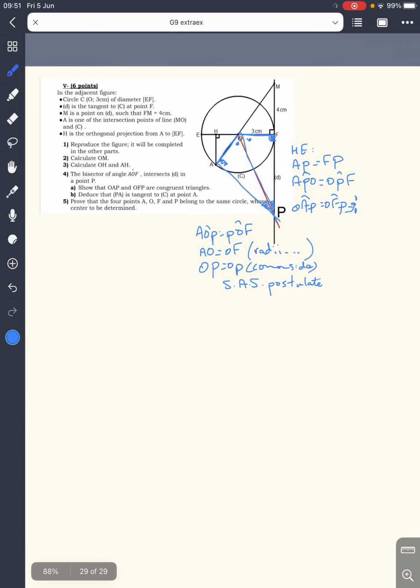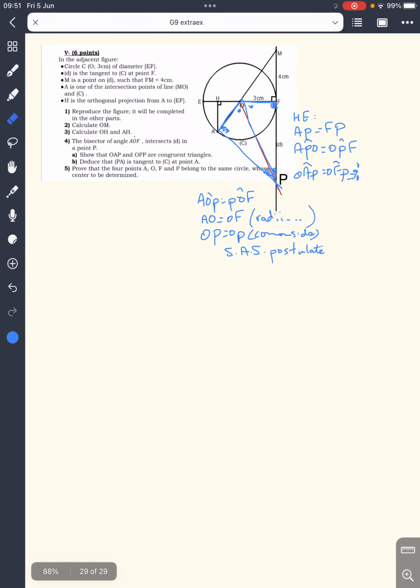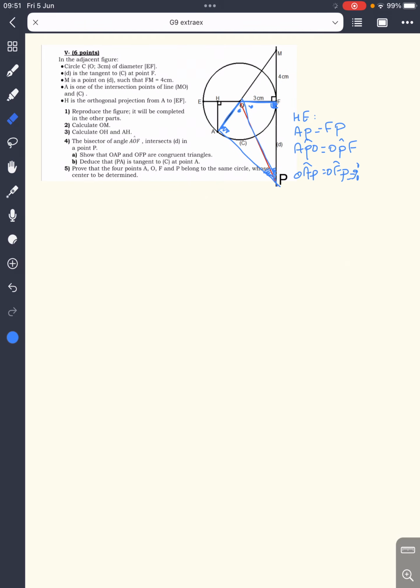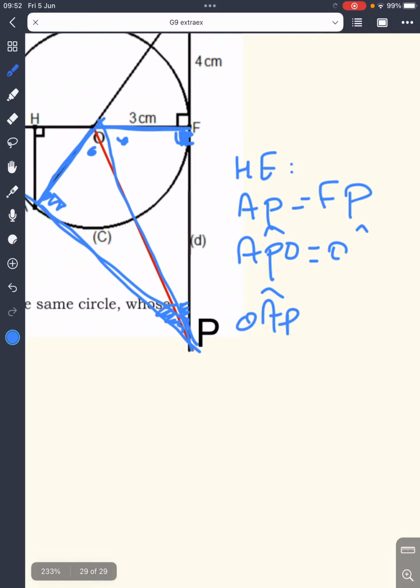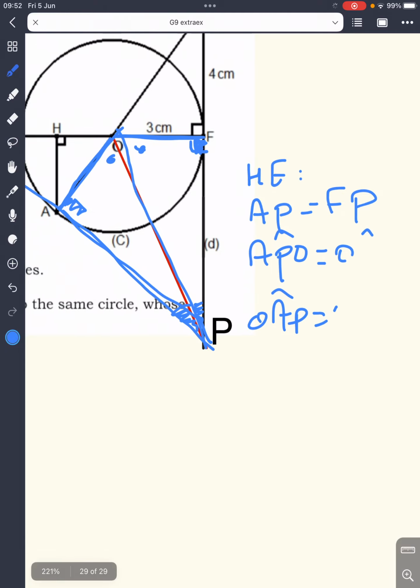Now what should we do here? Deduce that PA is tangent to C at A. Tangent, it must be perpendicular to the radius. And here we proved that OAP equals OFP equals 90 degrees, right?